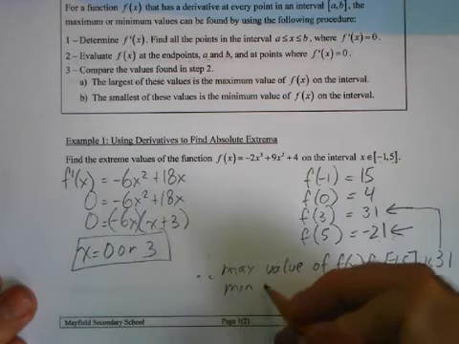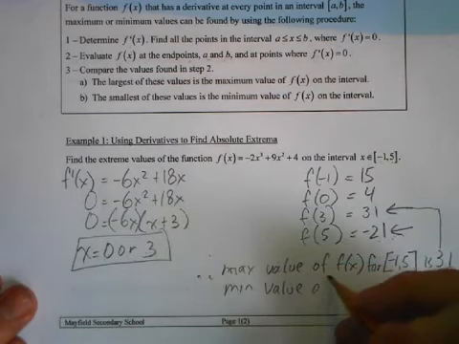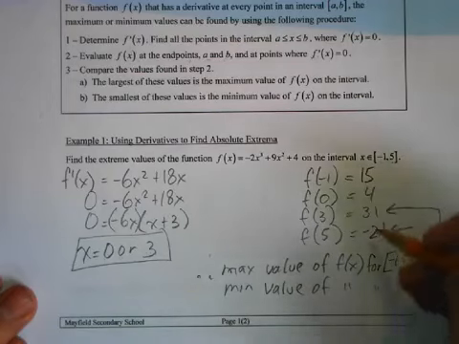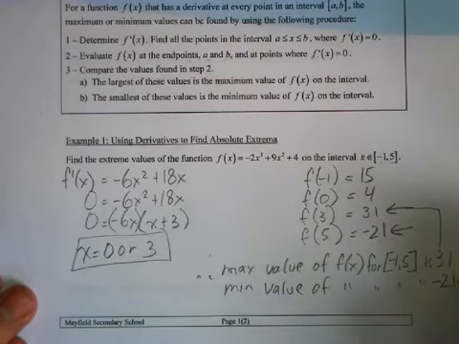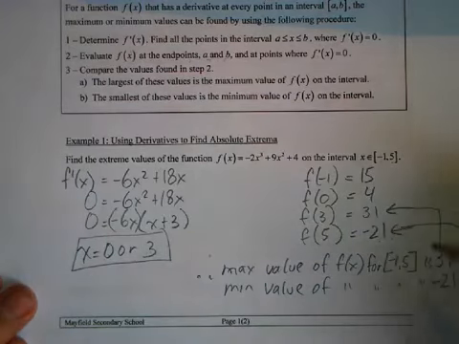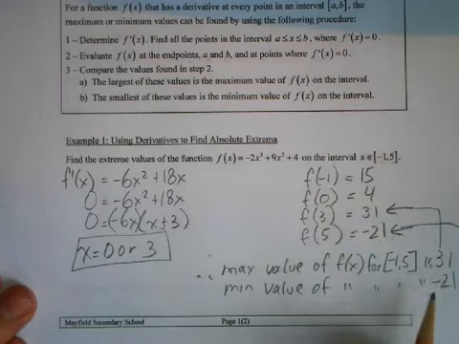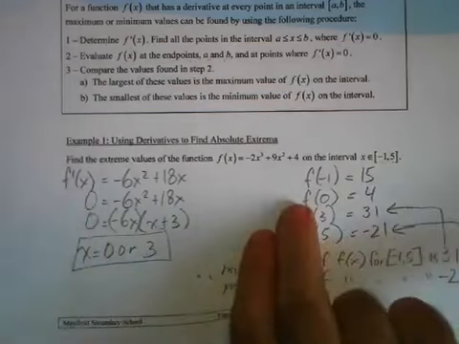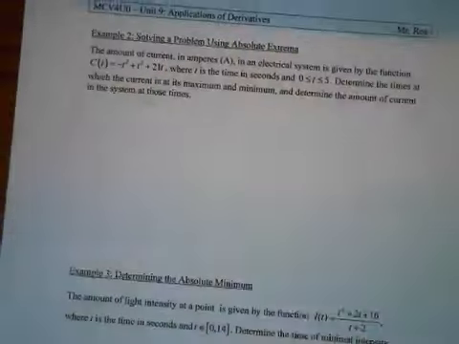And then the min value of f of x, I guess I could repeat this, is -21, and that comes from this point. Okay, you don't have to put the x coordinates. It might ask you in the question, but for this, the way this is worded, you're just looking for this answer. Okay, so hopefully that was painless, I hope.